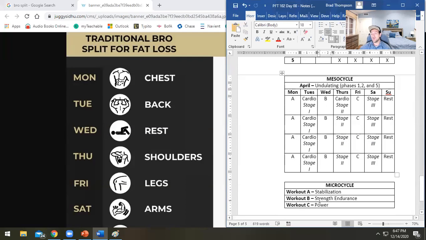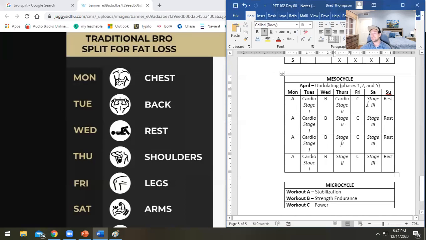Workout B is where they're always going to do strength endurance, and workout C is where they're always going to do power. And then they've got a light cardio day, a medium intensity cardio day, and a high intensity cardio day, and then they rest and recover. So that would be an undulating routine. That's using multiple phases of the OPT in one week's time, rather than using one phase of the OPT.